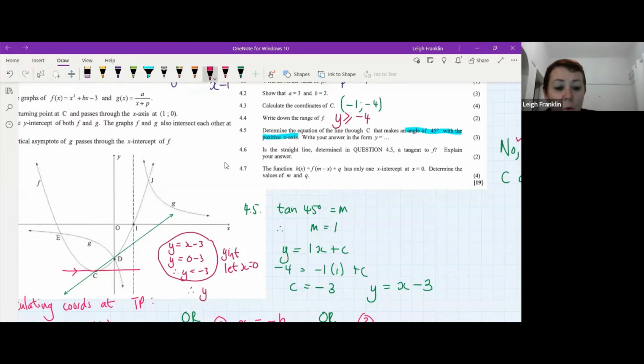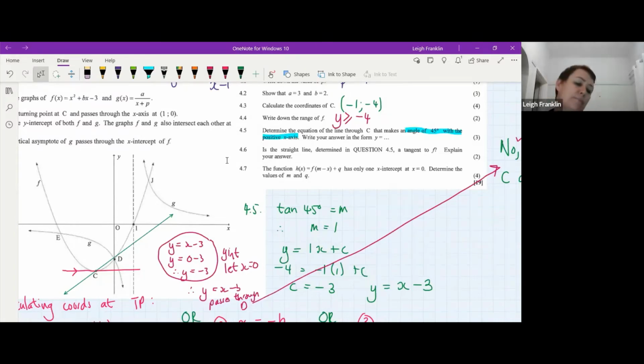So therefore, y equals x minus 3 passes through D. And then you could go up here and say, no, it can't be a tangent. It passes through point C and point D. Oh, okay. So, ma'am, a question like that that says we should prove it will be out of how many marks? Estimated, I would guess in this case it would probably be about 4 marks if they said something like that.